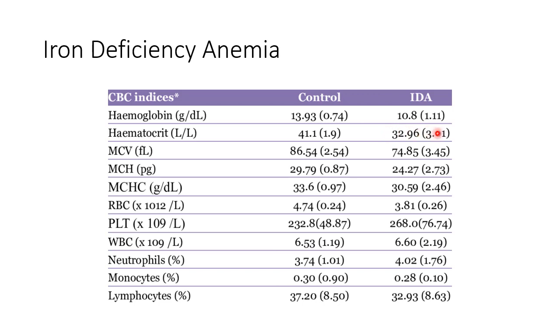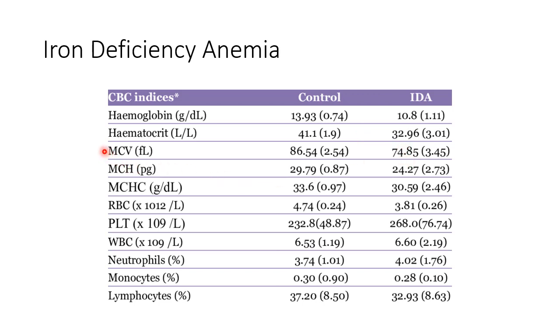In the picture that we have discussed a while ago, what is the usual description of the red blood cells? They are microcytic, meaning they are small red blood cells. So, if the normal size of each red blood cell is 86 femtoliters (fL), your patient with iron deficiency anemia will have smaller red blood cells, only 75.